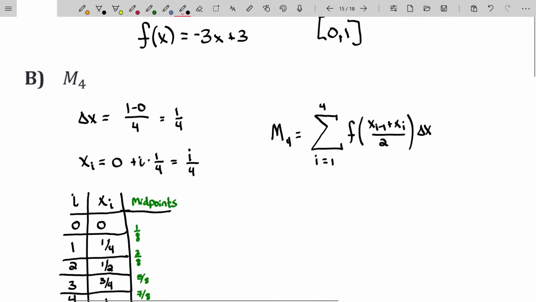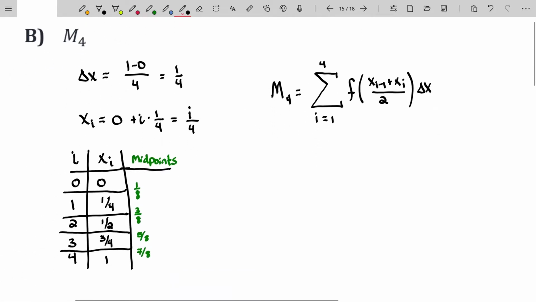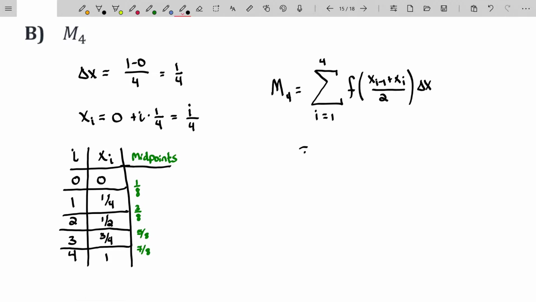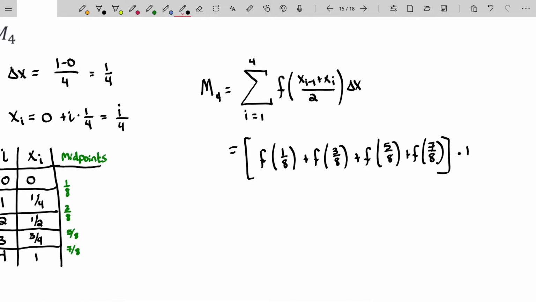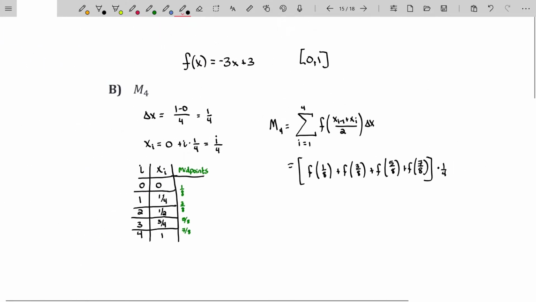But again, our delta x is still 1/4, and we have our averages written in green, so this is going to be f at the first average, 1/8, plus f at the second average, 3/8, and so on down the line, 5/8 and 7/8. And then you multiply that by the delta x, 1/4. Now this one, I'm actually going to quickly grab a calculator to compute, and we get exactly 1.5.